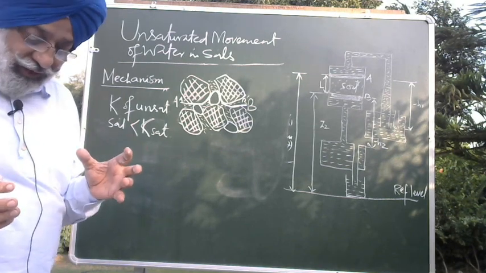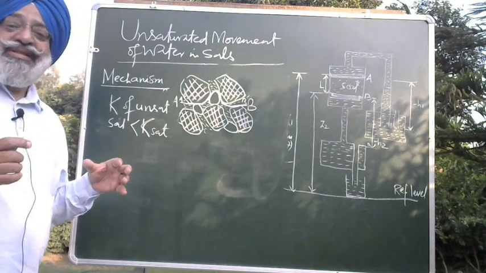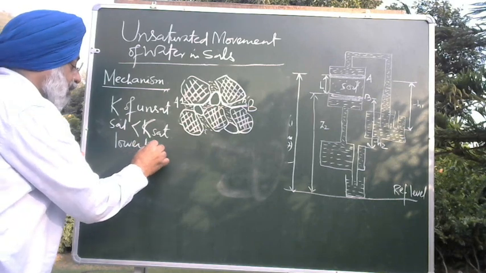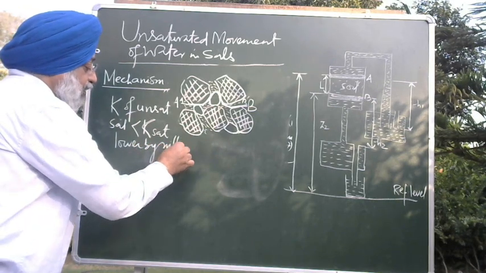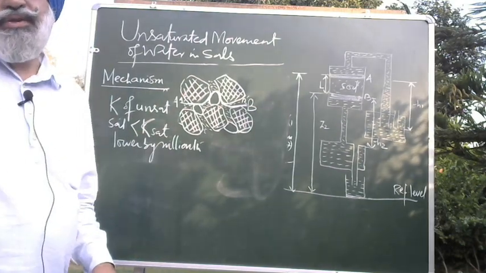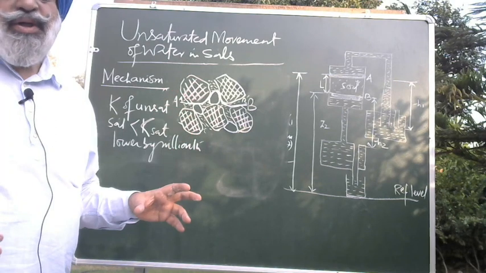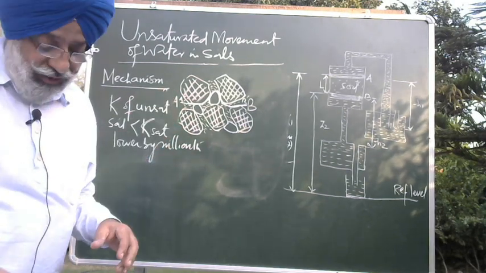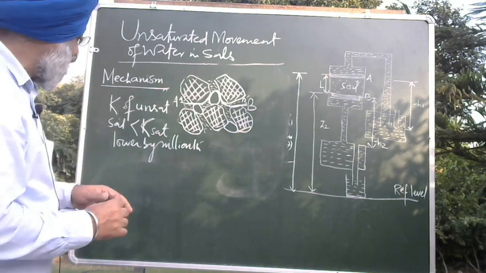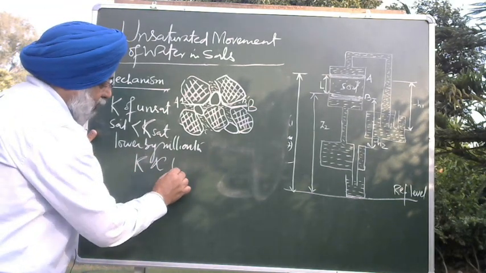So this is another reason that unsaturated soils always have lower hydraulic conductivity than K saturated, and you will be surprised that sometimes it is lower by a millionth of the saturated hydraulic conductivity. You cannot imagine the sharp, drastic reduction in hydraulic conductivity of unsaturated soils, and again it is dependent upon theta.